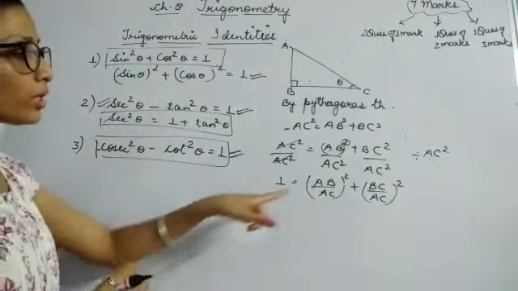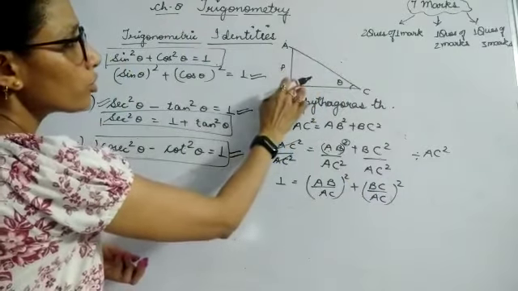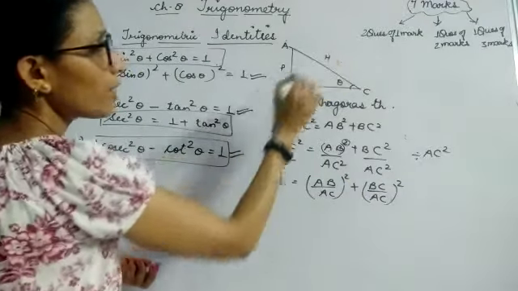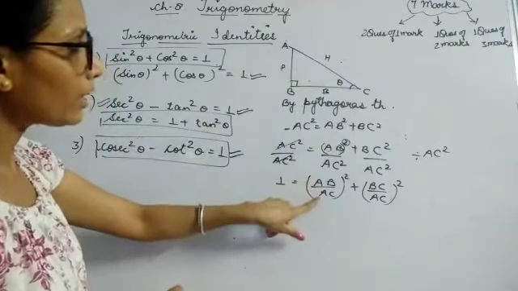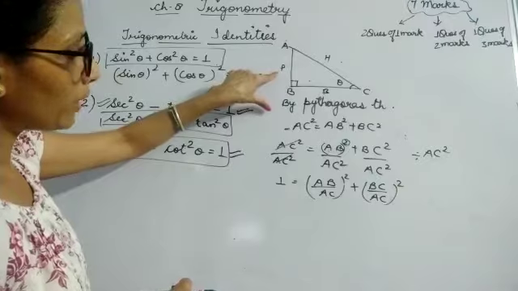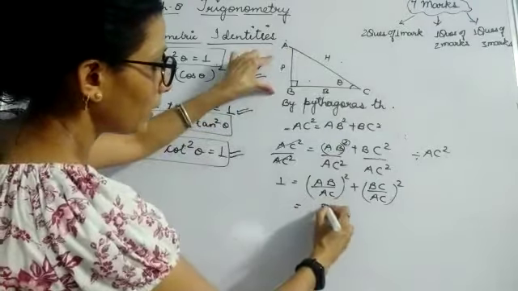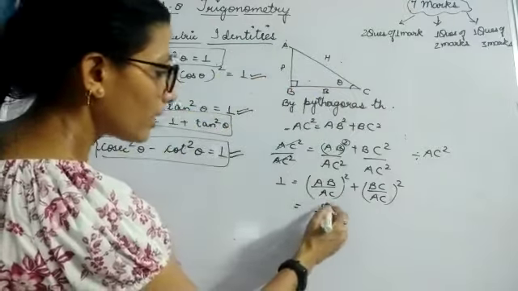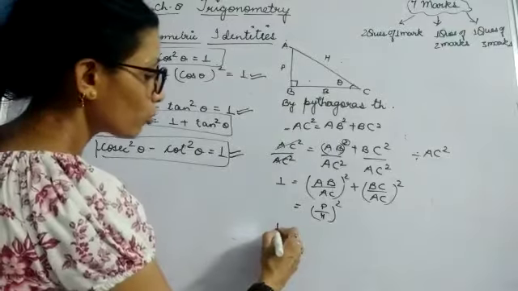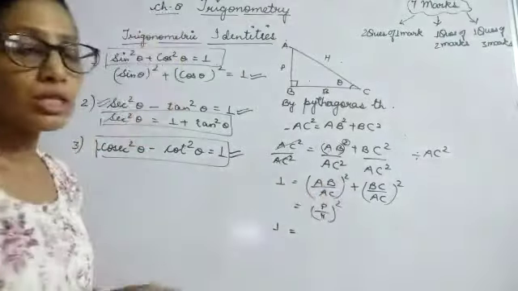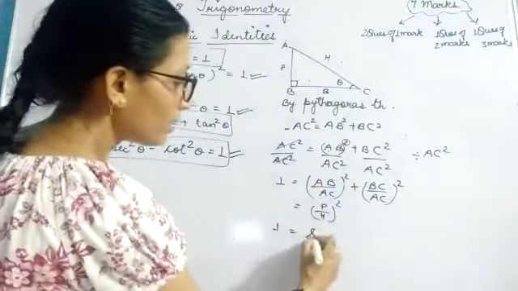Now children, you see, if this is your theta, then this is your perpendicular. If this is your 90 degree, this is your hypotenuse, and this is your base. Now here it is given AB by AC. AB means perpendicular and AC is H. So AB is your perpendicular, and AC is H. And you know P by H is sine theta. So in place of AB by AC, that means the ratio of AB and AC is sine theta.